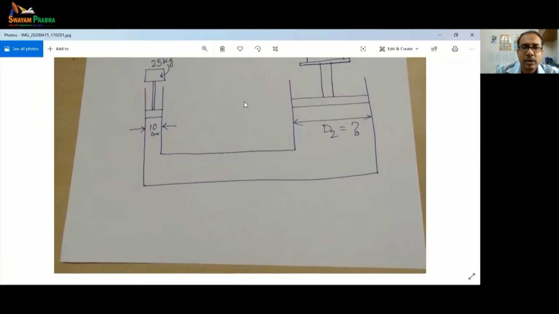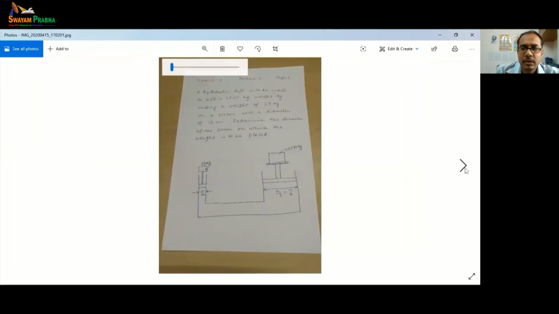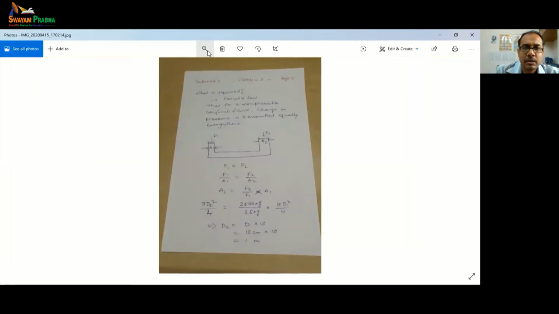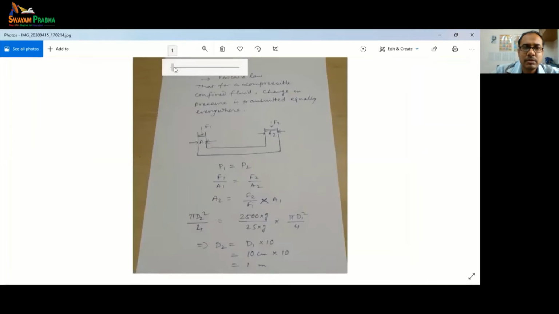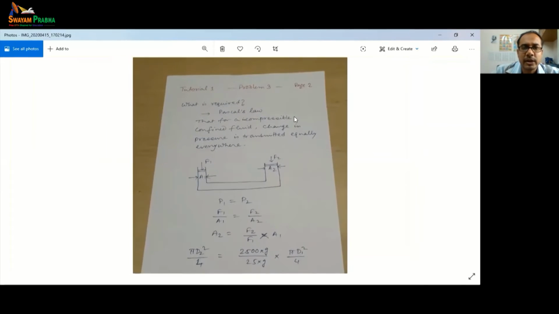And what we require to solve this problem is the concept of Pascal's law. What does it tell? It tells us that for an incompressible confined fluid, change in pressure is transmitted equally everywhere.